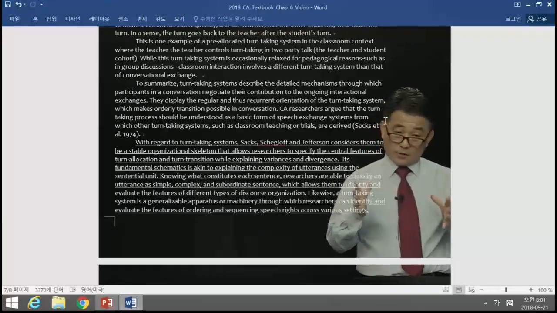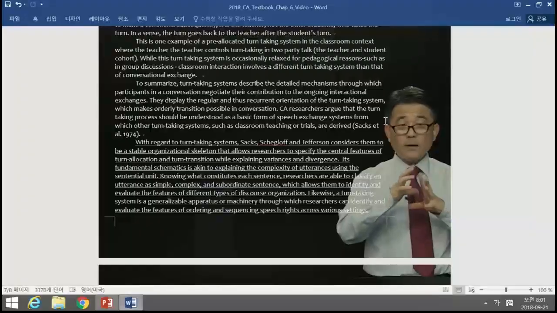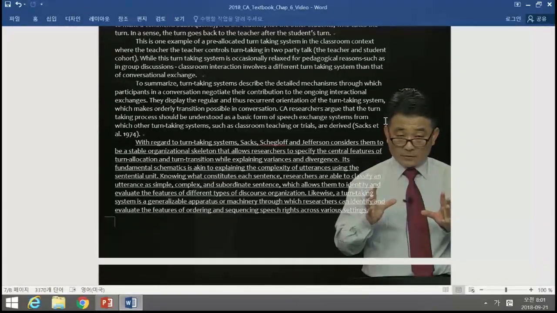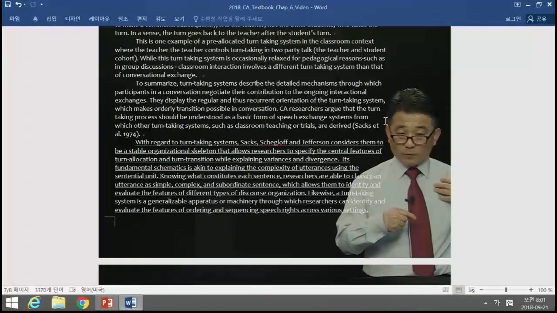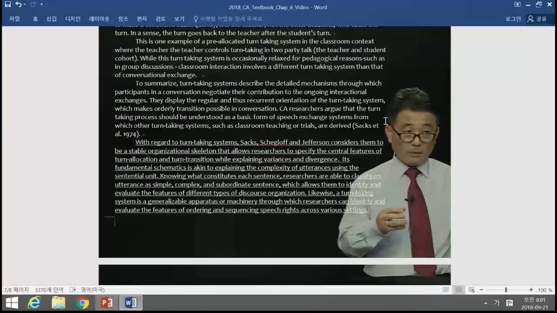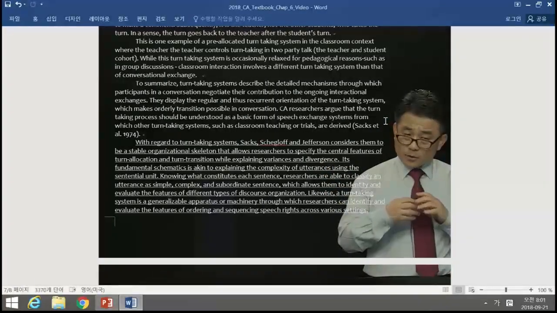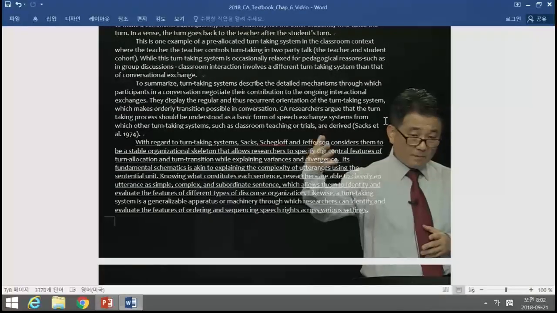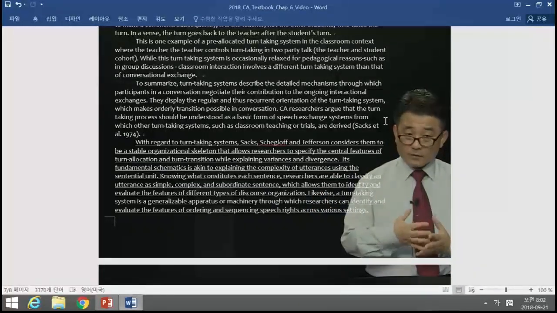So these researchers, particularly Harvey Sacks, thought that the turn-taking system is a basic system of all kinds of interaction. So conversational turn-taking becomes the basic. And once we know the basic, then we can see the variations of it. For example, classroom interaction or courtroom procedures show different kinds of turn-taking systems. And we can understand those systems because we are already familiar with the basic conversational system.